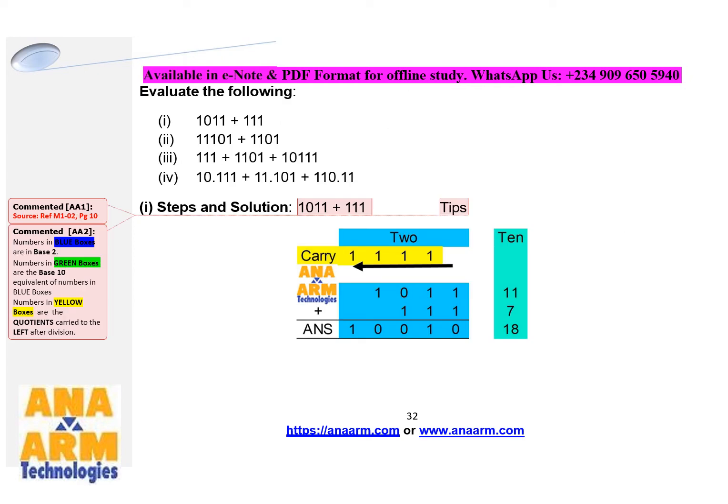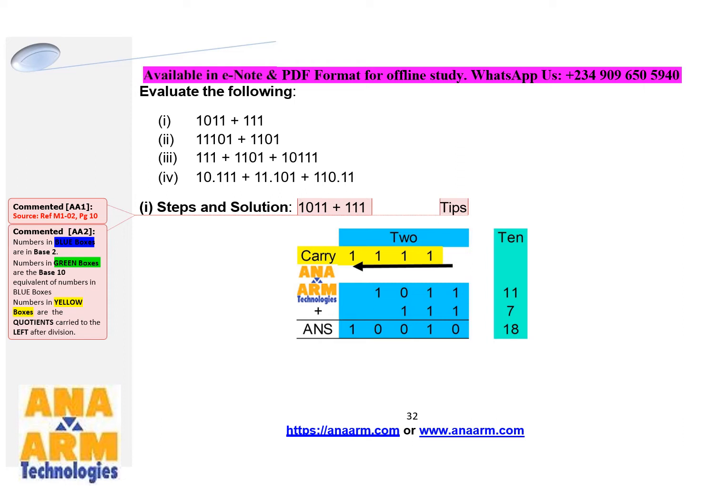Now, we shall take some examples. Evaluate the following. Roman figure 1, 1011 plus 111. Roman figure 2, 11101 plus 1101.